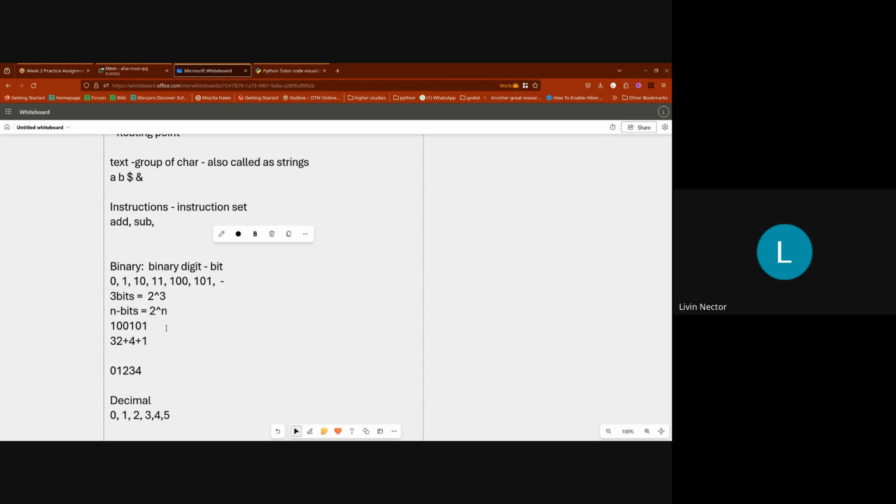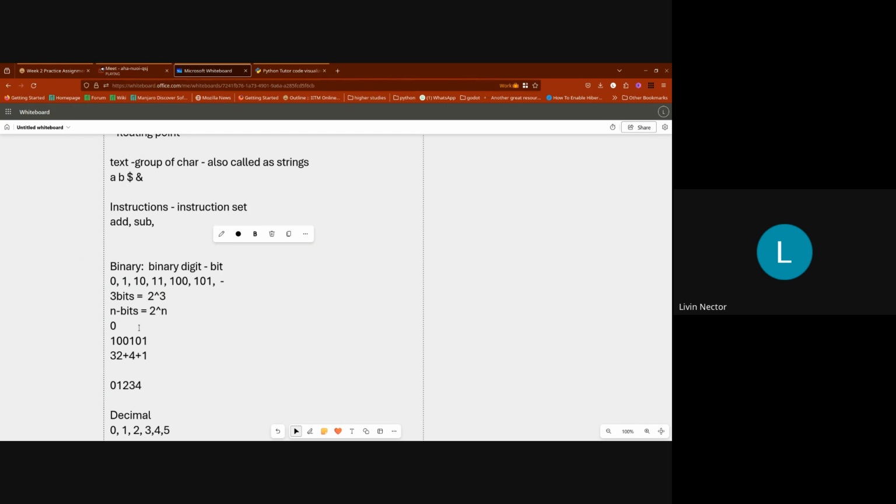Now we are representing the normal integers, right? Starting from 0, if you want to represent 2 power 3 numbers, what will be the last number?